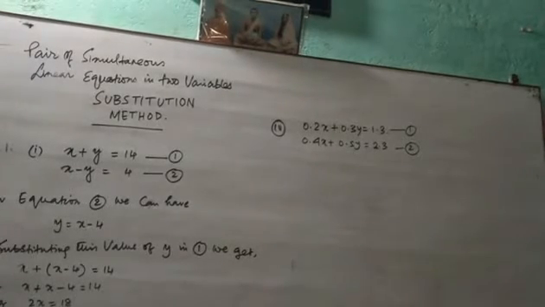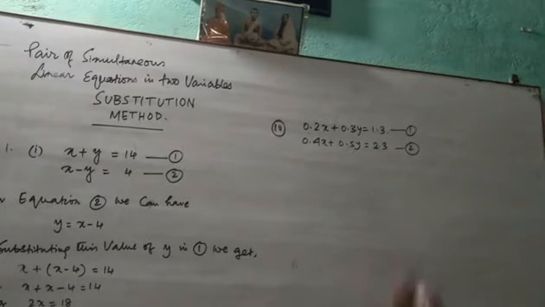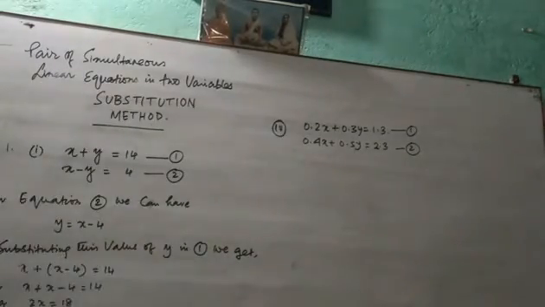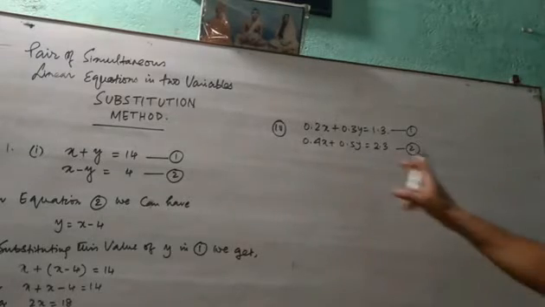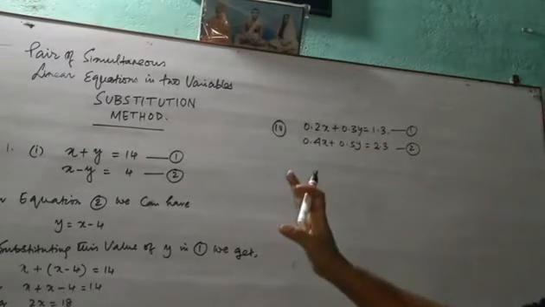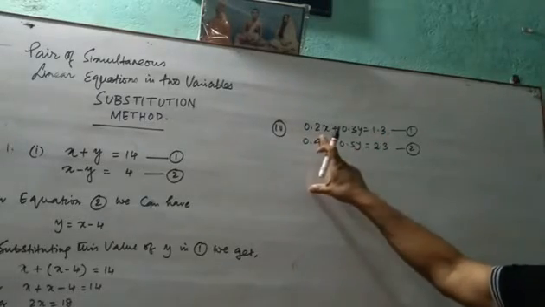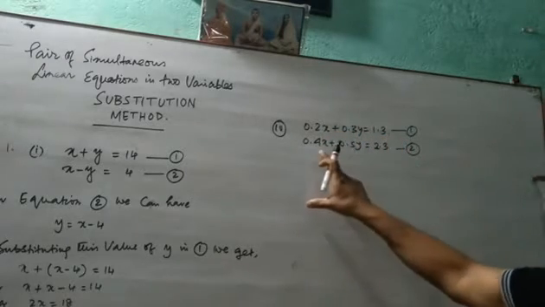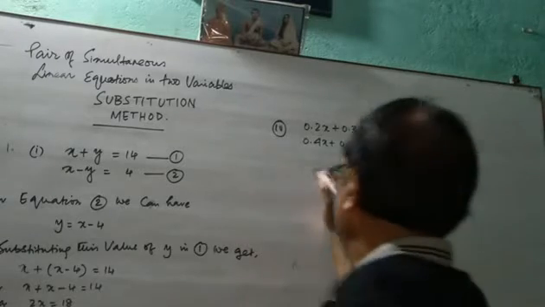Now see, students, if you multiply either side of an equation by a constant, the equation remains unchanged. We have to remove this decimal sign. We will multiply both the equations by 10, and the first equation will be reduced to 2x plus 3y is equal to 13, and the second equation will be 4x plus 5y is equal to 23.